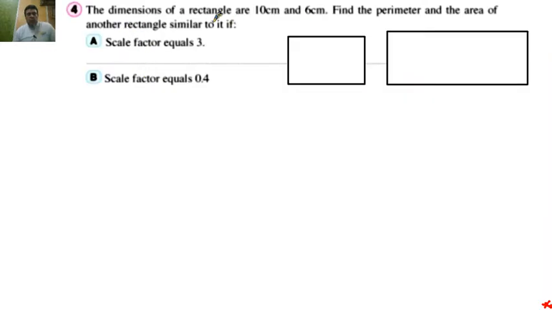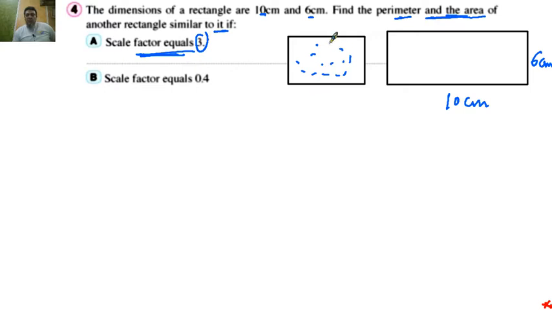Number 4, the dimensions of a rectangle are 10 centimeters and 6 centimeters. Dimensions mean length and width. Find the perimeter and the area of another rectangle similar to it. A: the scale factor is 3.